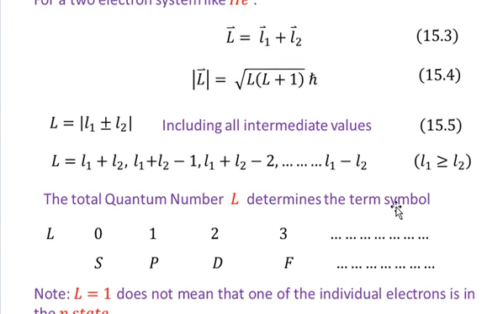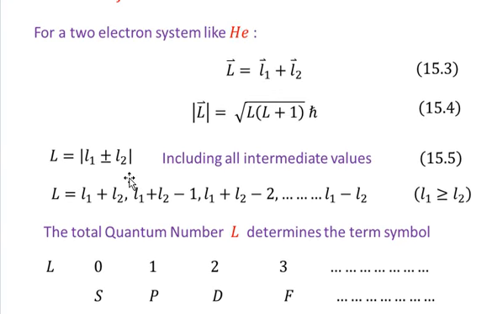Now we can write that capital L is equal to mod of L1 plus L2, and this includes all intermediate values. For example, we shall add L1 plus L2, we shall subtract L1 minus L2, and we shall write all the intermediate values between L1 plus L2 and L1 minus L2, which is shown in the line over here.